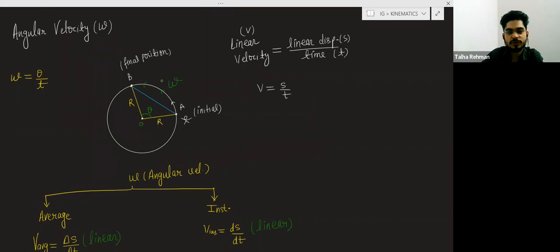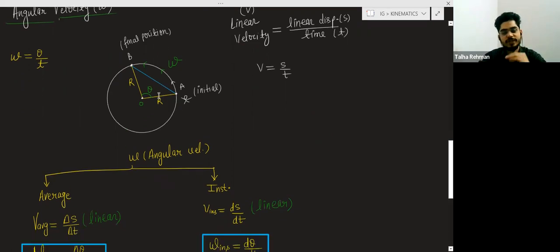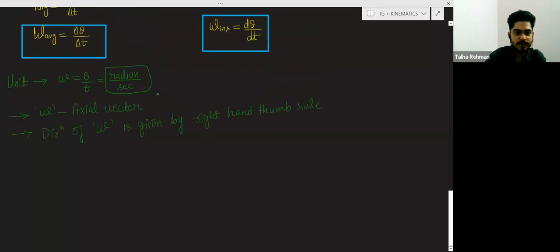Remember this point. You will curl your fingers along the sense of the motion, and the thumb will give you the direction. So the direction of omega here will be towards the reader.